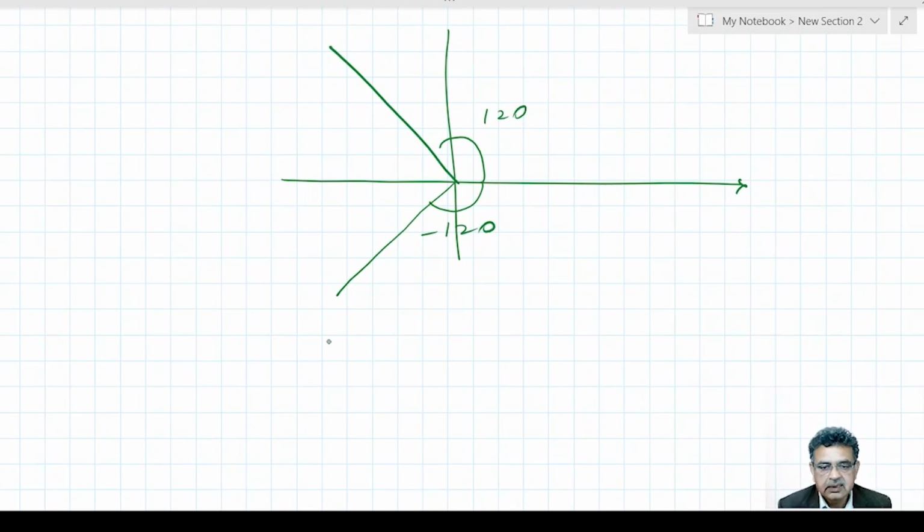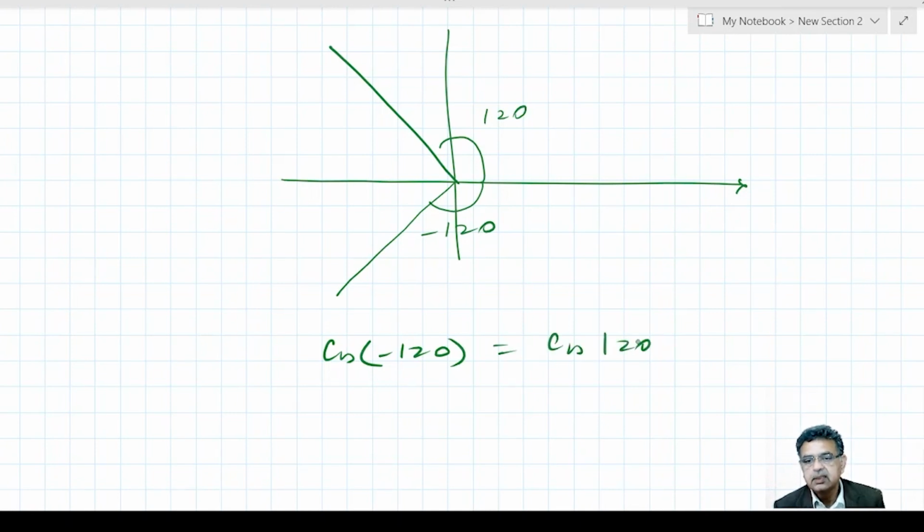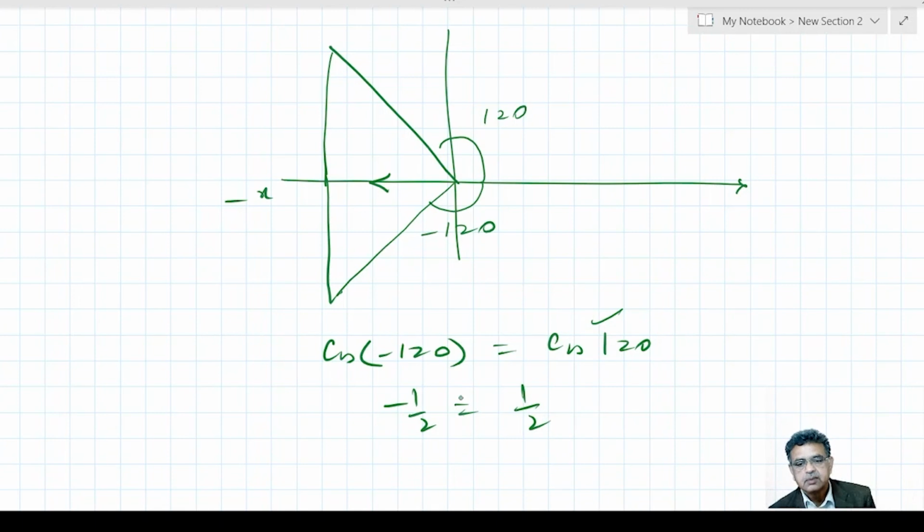So once again we can say that cos of minus 120 will be equal to cos 120, and the reason is that cos 120 is this way. Now it is on negative side, and cos minus 120 is also on the same side, negative. So cos minus 120 will have answer minus 1 upon 2. This will also have answer minus 1 upon 2.